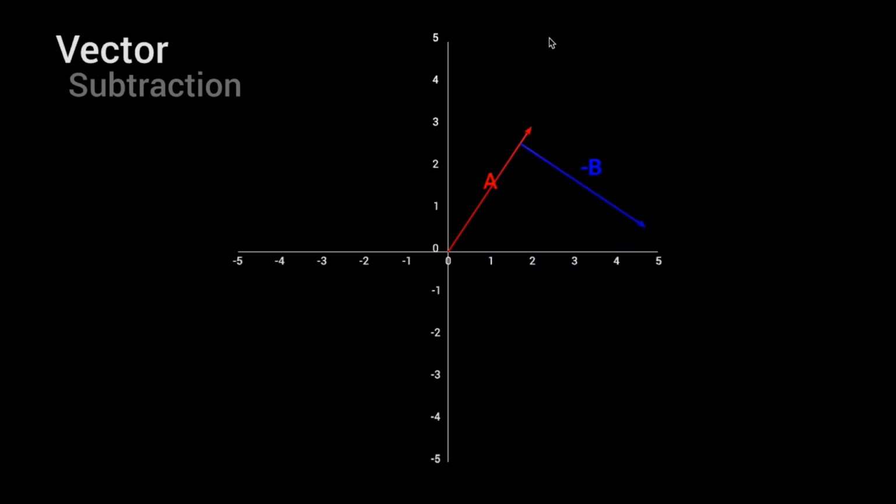Then we move the tail of vector -B to the tip of vector A. Now, the resultant vector, shown in green, is a new vector from the origin to the tip of the vector -B. This green vector is A minus B. So, vector subtraction is really just adding the negative of a vector. It gives us the direction and distance from the tip of one vector to another.